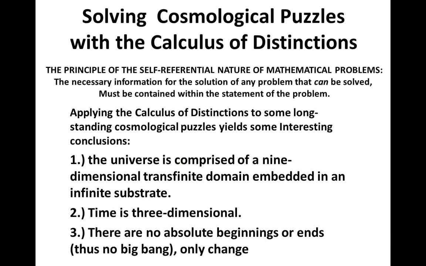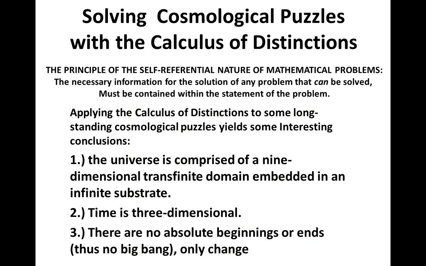The interpretation of the calculus of distinctions for application as symbolic logic reveals the fact that the solution of any math or logic problem that can be solved is always contained within the statement of the problem. And the more basic the language used in the statement of the problem, the easier to obtain and clearer the solution will be.